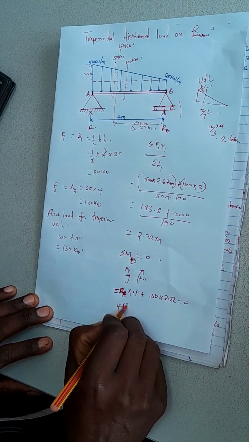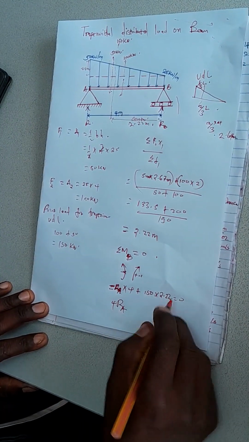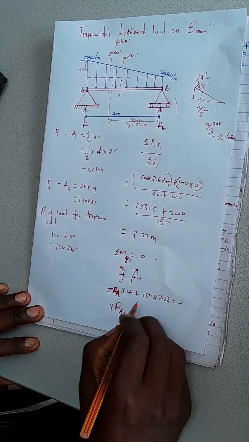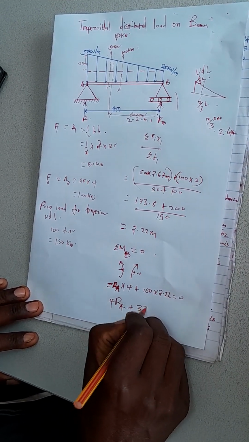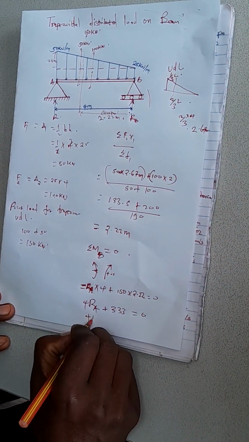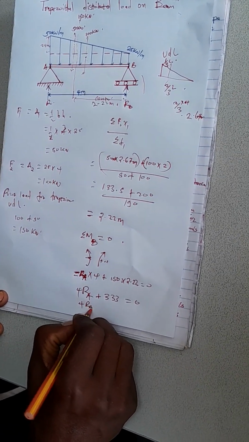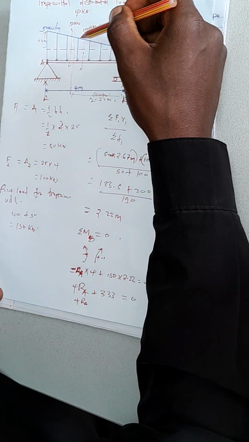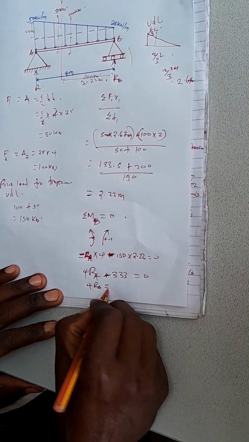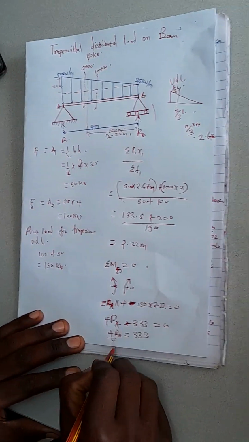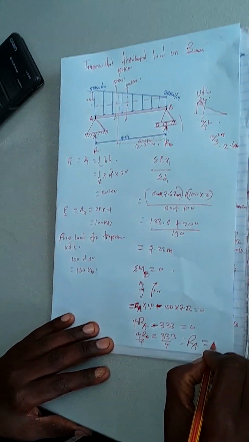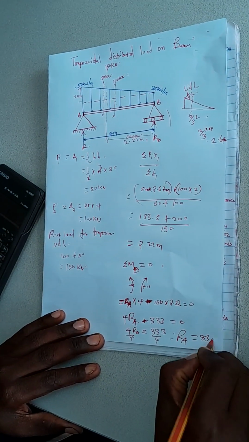So we have 4 RA and 150 times 2.22. What do you get? 333 is equal to 0. So we have 4 RA. Well, this is negative. So RA is equal to 333 divided by 4. RA is equal to what? 83.25 kilonewton.